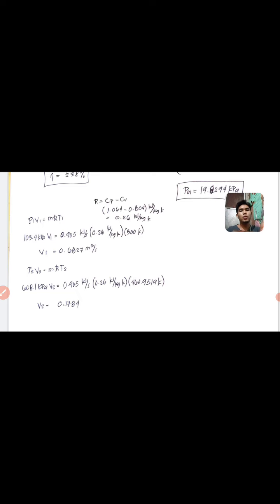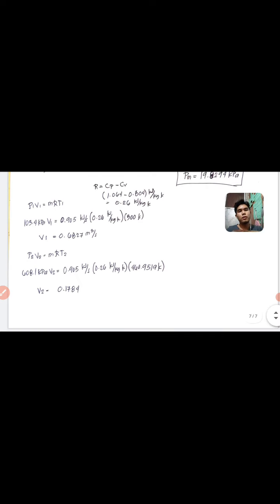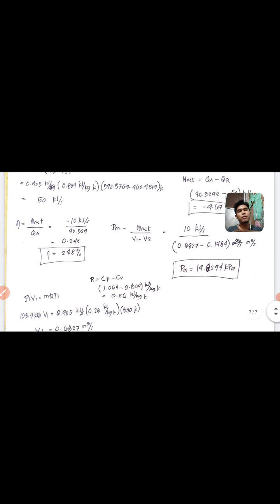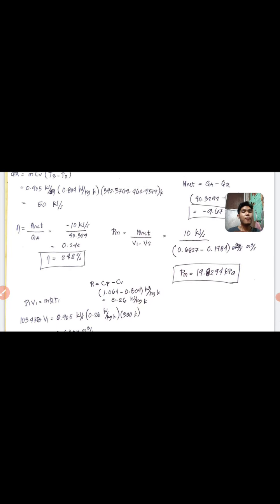And now for V2, we use the perfect gas law, V2 is equal to mRT2. Substituting the values using shift solve in our calculator, we get V2, which is 0.1784.